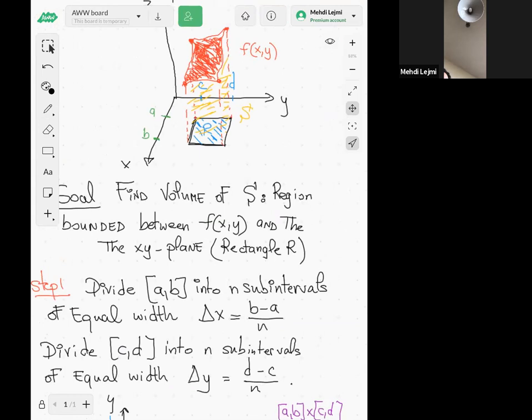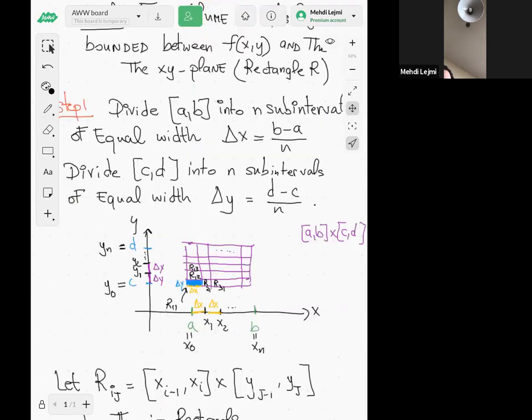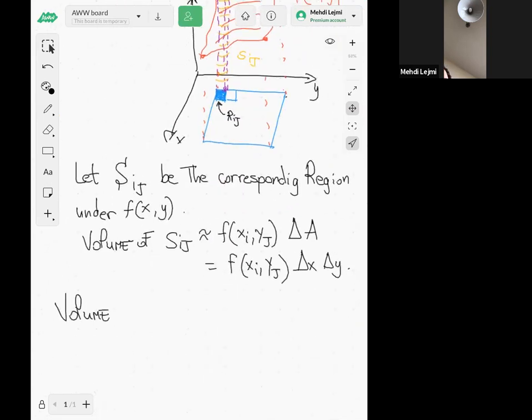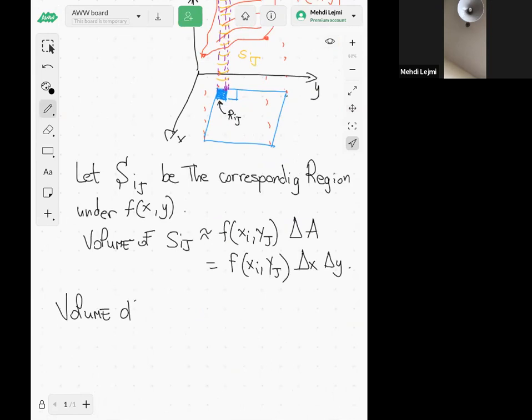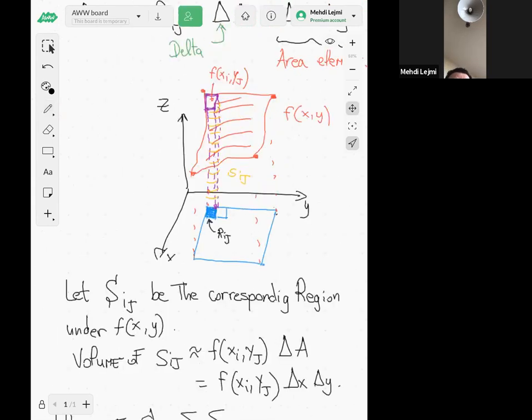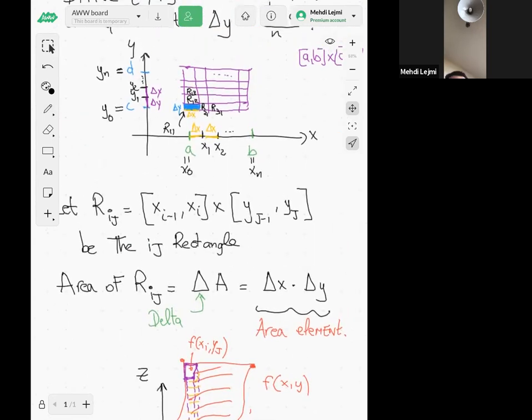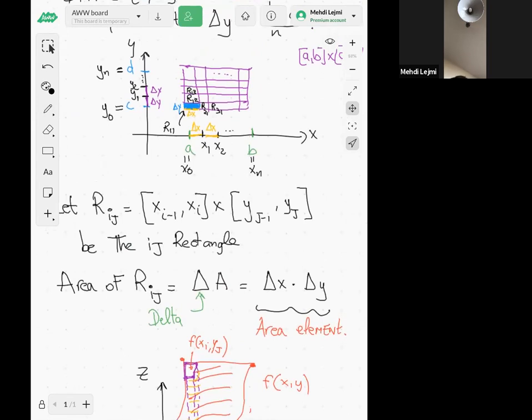So the volume of S is going to be equal to the sum. Because we have two variables, x and y, we divided the interval AB into n subintervals, and the same for the interval CD. So we have two different variables here, xi and yj.